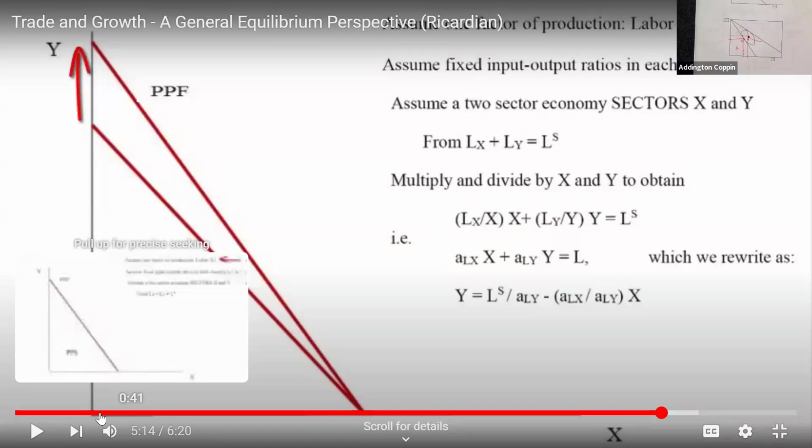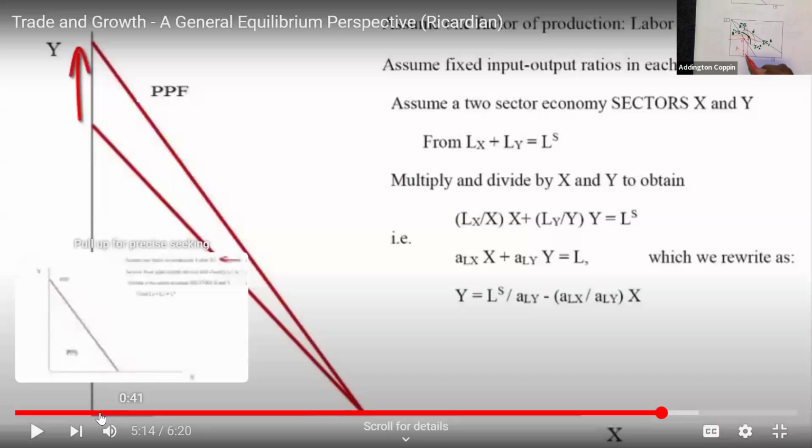And the other country would have moved from point F to point G. This will be indifference curve 1 in country A. This is indifference curve 0 in country A. And this green curve here is indifference curve 1 in country B. And this original here is indifference curve 0 in country B.